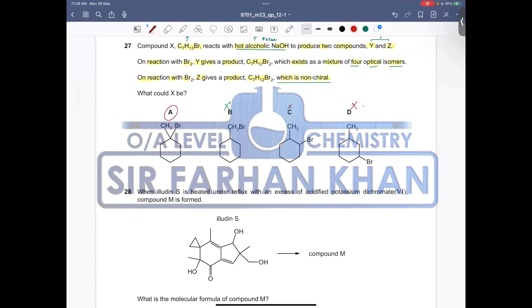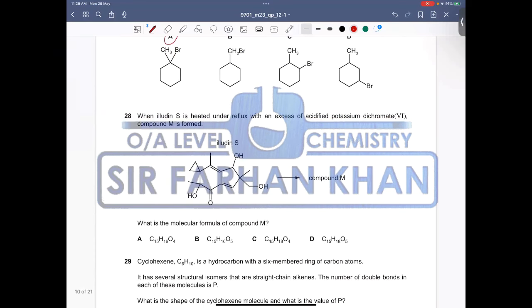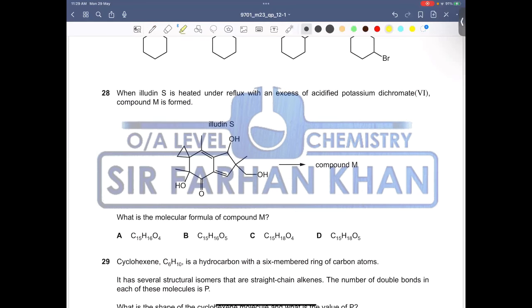That's a lengthy question. That question has a lot of stuff actually for working. When Ludin S is heated under reflux with an excess of acidified potassium dichromate(VI), compound M is formed. What is the molecular formula of compound M? So first of all, you should understand that this is going to be your secondary alcohol.